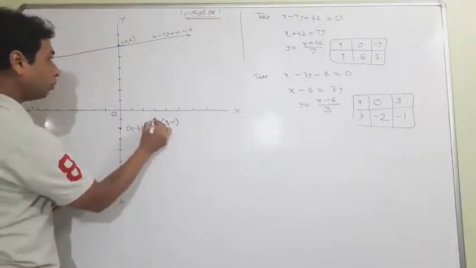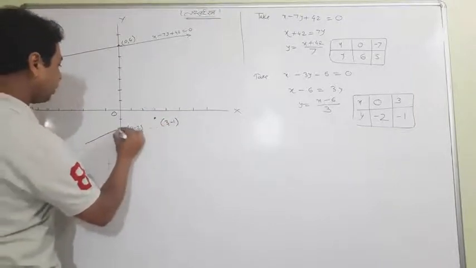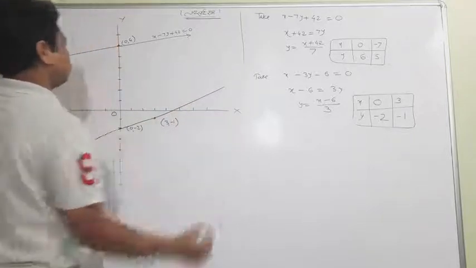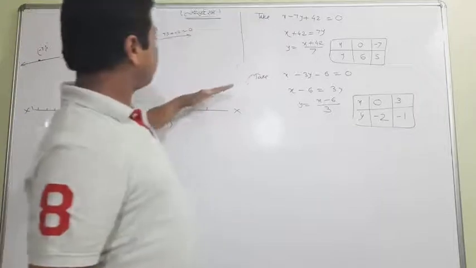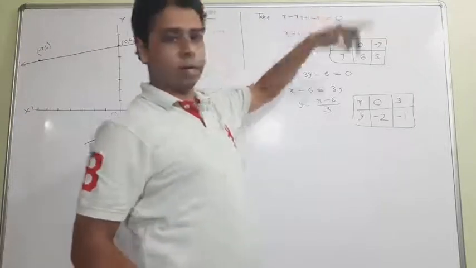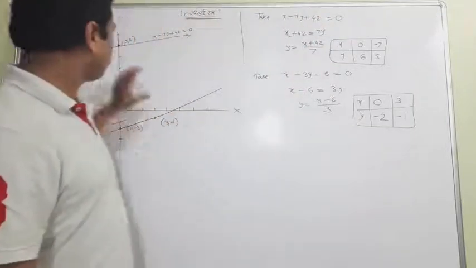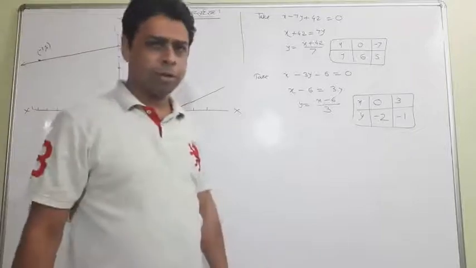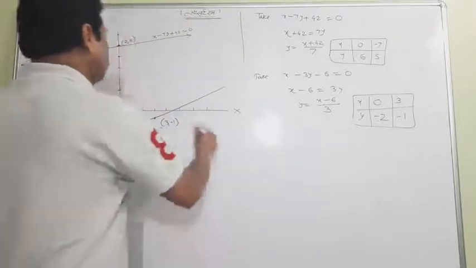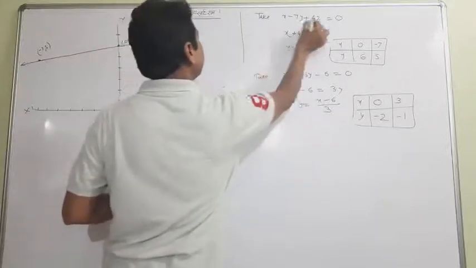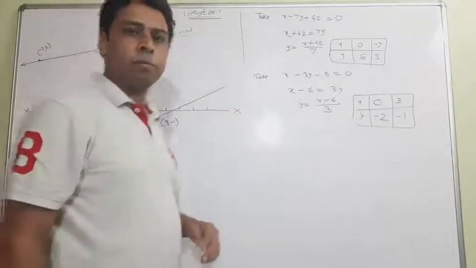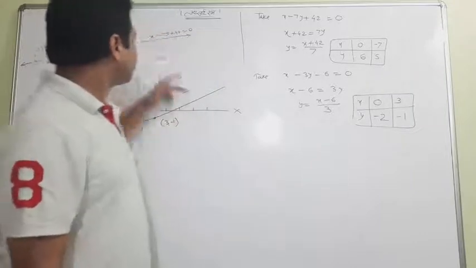When you join it like that and extend this line, and this line also is extended, they will meet somewhere. Even if you draw like that, it is still enough. So three conditions may be there.